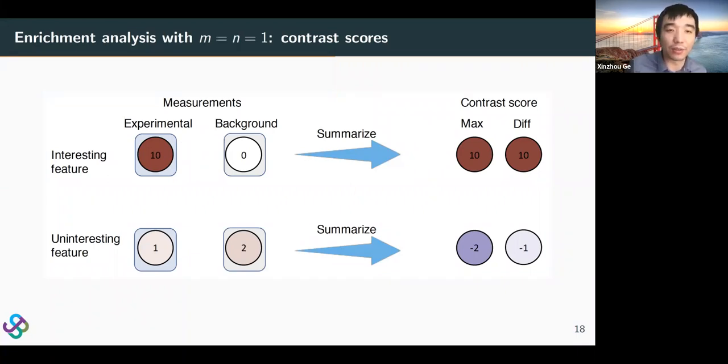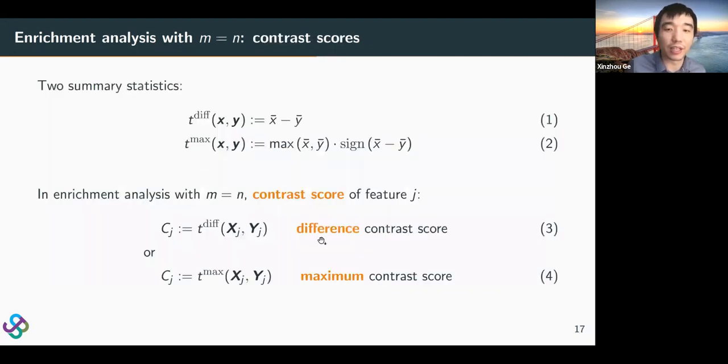Another contrast score which is an alternative to the difference contrast score is called the maximum contrast score. It is defined as this, still with X bar and Y bar: t-max of X, Y is the maximum of X bar and Y bar times sign of X bar minus Y bar.